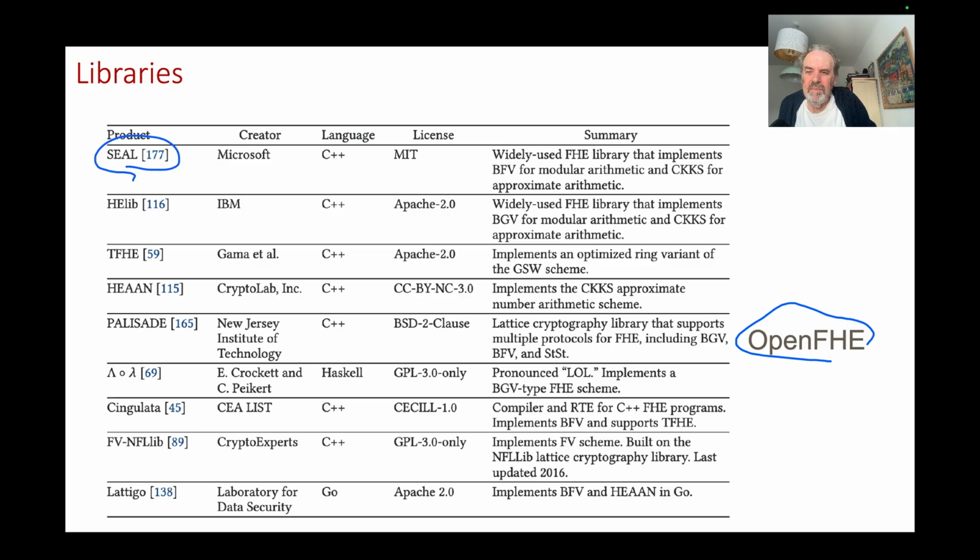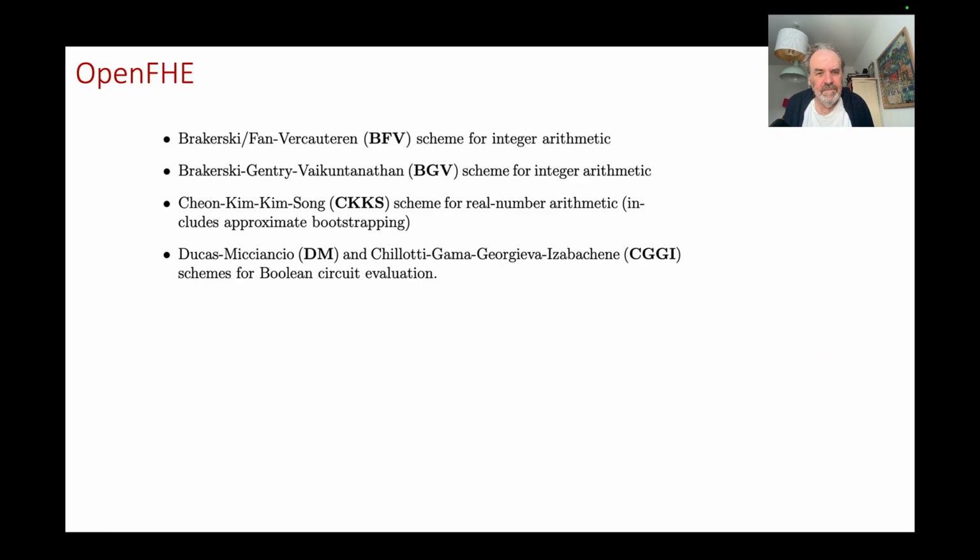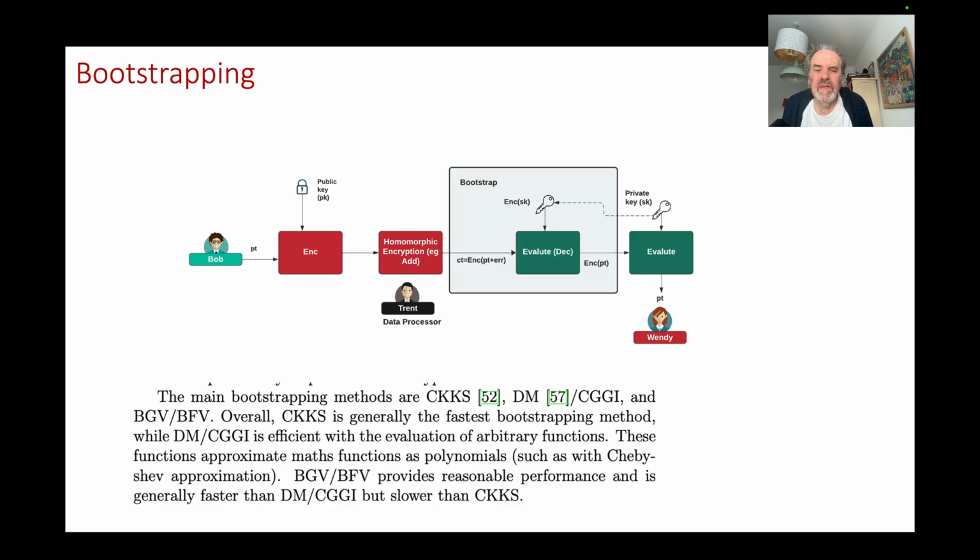In this case, we'll mainly use the OpenFHE library, which is an open source library, and that was based on the Palisade library from the past. Okay, so as I said, the main methods that we'll be using: BFV and BGV for integers, CKKS for floating point values, and DM and CGGI for Boolean circuit evaluation.